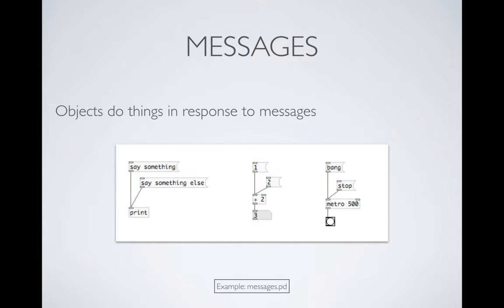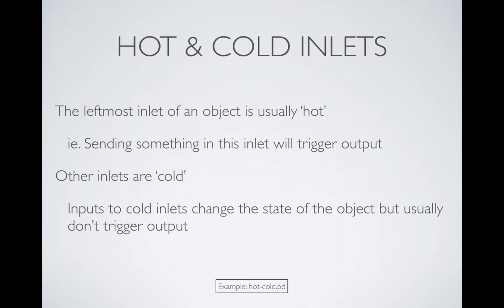So objects do things in response to messages. We pass messages through chains of objects in order to cause things to happen. So the leftmost inlet of an object is usually hot, in that sending something into it will trigger output. This is not always the case in pure data, but it's almost always the case, so it's a very strong convention.